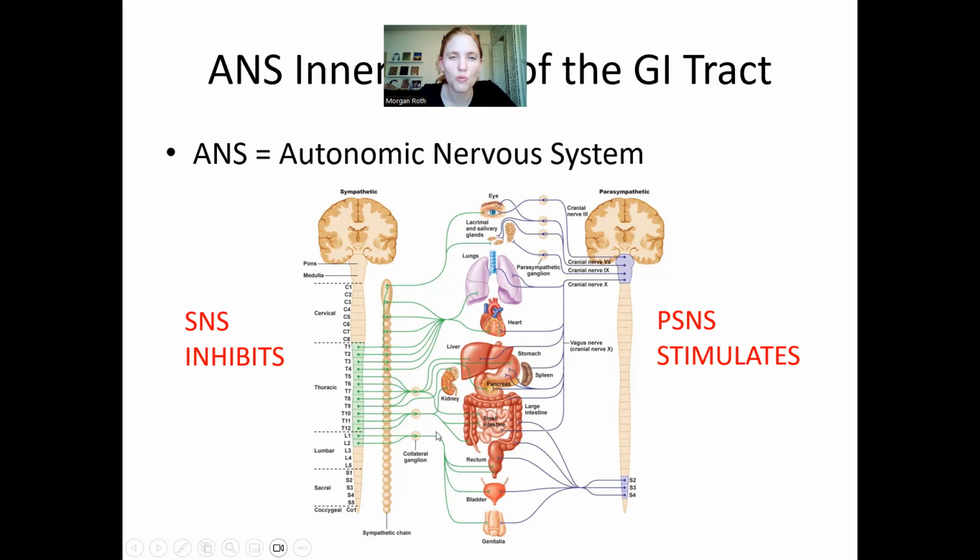For those of you reminding yourself of anatomy, the phrases we usually use are rest and digest for the parasympathetic nervous system, and fight or flight for the sympathetic. That digest part of the parasympathetic nervous system refers to stimulating activity in the digestive system. So most of the time the parasympathetic nervous system will stimulate, and the sympathetic nervous system is going to inhibit. Not every time, but most of the time.